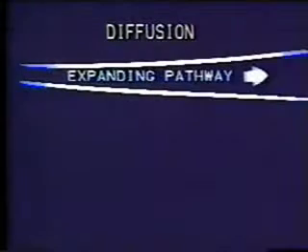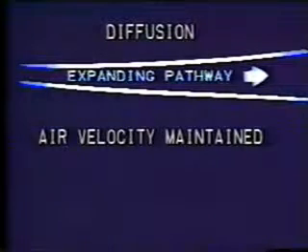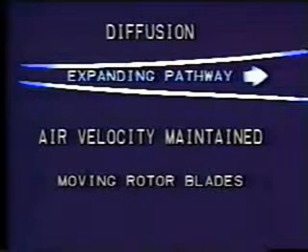In the compressor, air velocity remains constant. Air pressure increases. Air volume decreases. Air temperature increases.